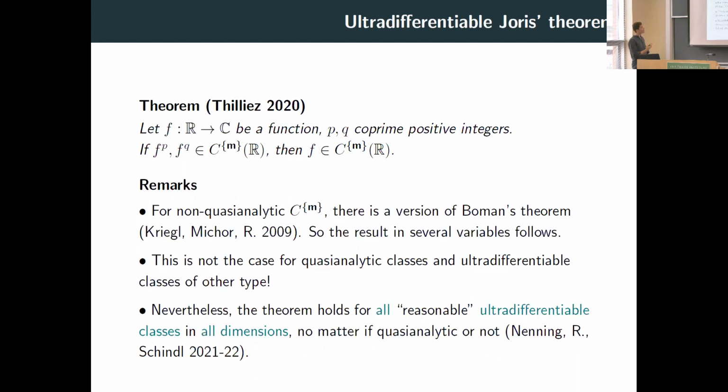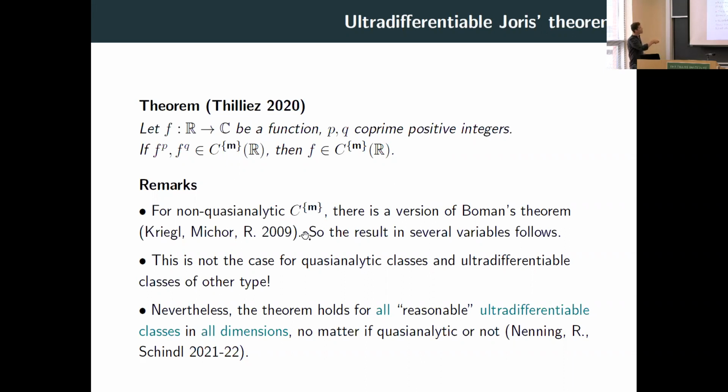So there are possibilities to go from one dimension to higher dimension, analogous to the C infinity case, but this works only in the non-quasi-analytic case, and only for the classes we are studying here. For instance, if I would put the universal quantifier in my definition, this is rather unclear, and I doubt that this is true.